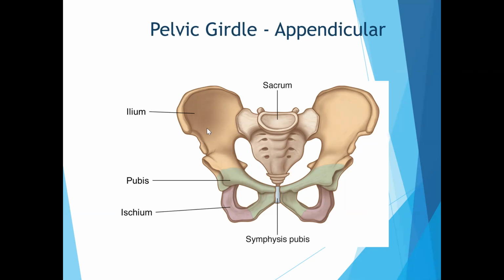But that has three different parts. You have the ilium, that's your bigger hip bone, pelvis bone. You have your pubis, and you have your ischium. Your ischium is kind of your sit bone. So if you poke in your butt and you feel where the hard spot is, that's part of your ischium. You then have your symphysis pubis that joins the two parts. That's a really thick piece of cartilage.